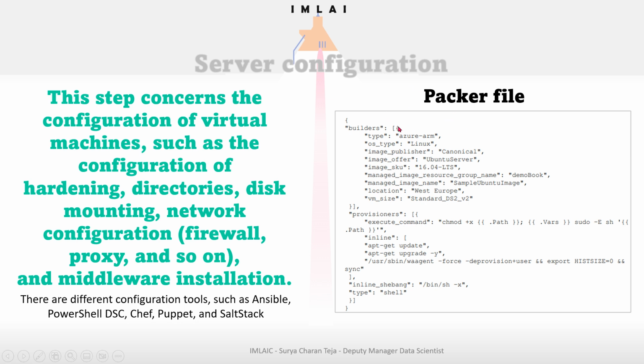Type Azure ARM, and then OS type you are going for Linux and Canonical. That means it's Ubuntu Server, and then 16.04 LTS, not the latest one, and then VM size Standard DS2V2, and location where you want to launch this in West Europe. So managed image name sample Ubuntu.